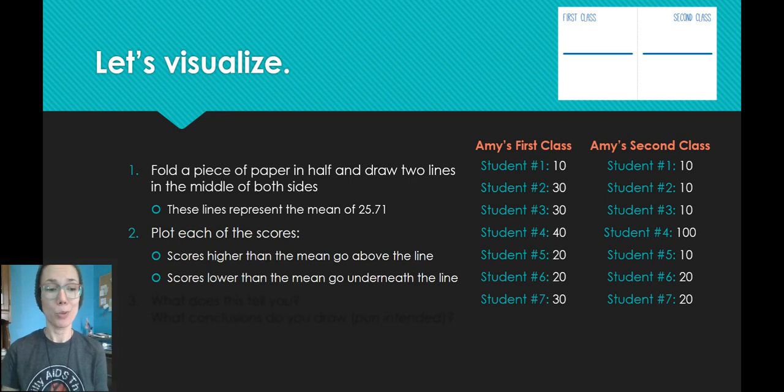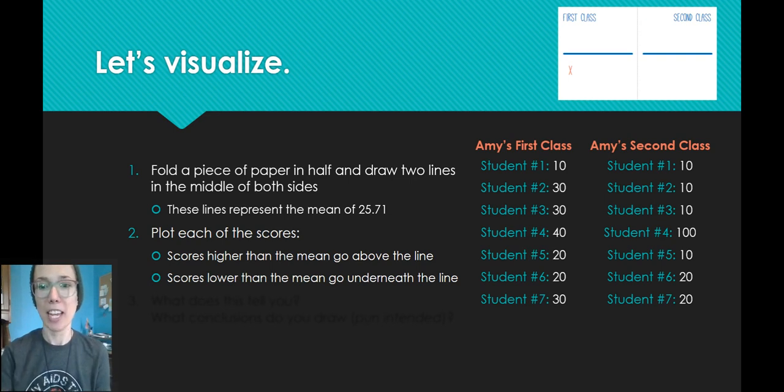And then I would like you to plot each of the scores between these 2 classes. So in your first class, you'll add an X somewhere on your paper. This doesn't have to be a perfect science, but add an X that seems to signify roughly where 10 minutes would be as compared to the line, the mean of 26 minutes.